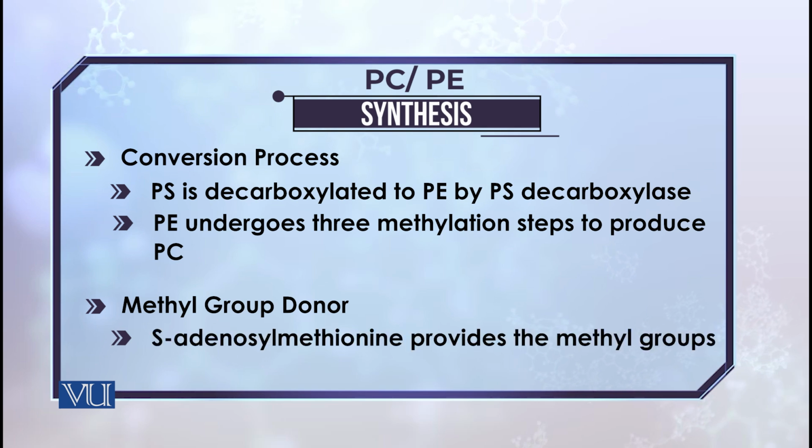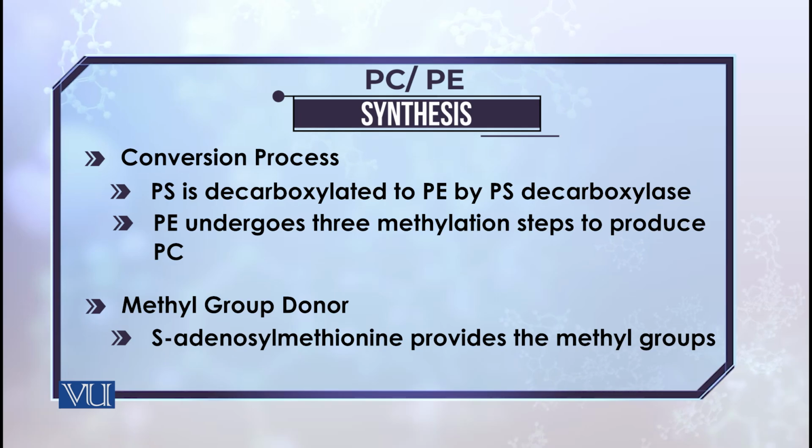Once we get the phosphatidylethanolamine, it gives rise to the formation of phosphatidylcholine through the activity of the N-methyltransferase enzyme. What does this N-methyltransferase enzyme do? It helps in the transfer of the methyl moiety from S-adenosyl methionine.